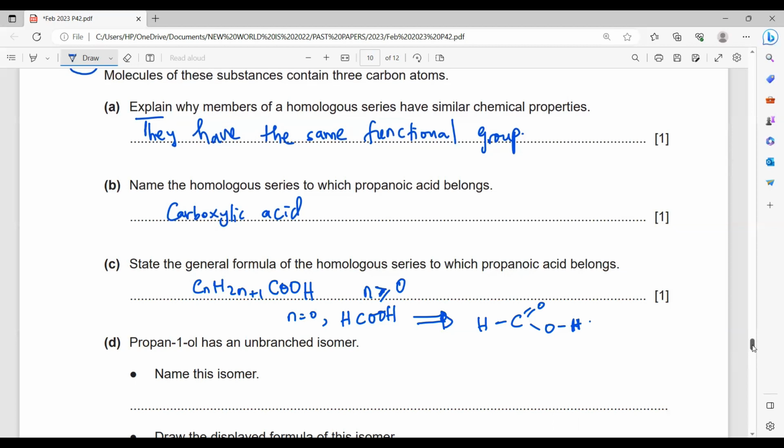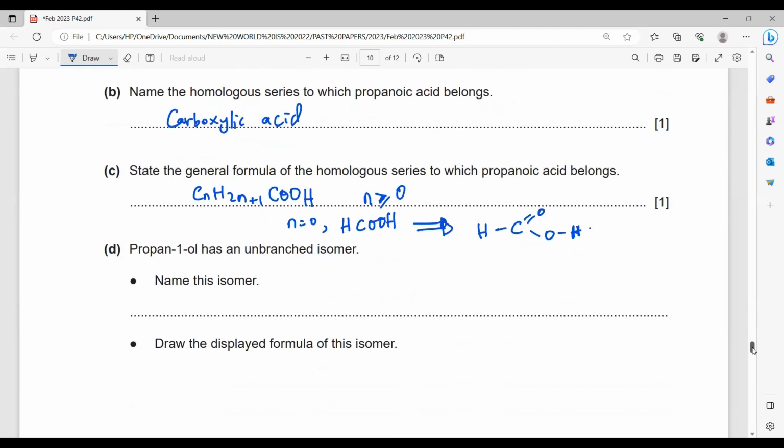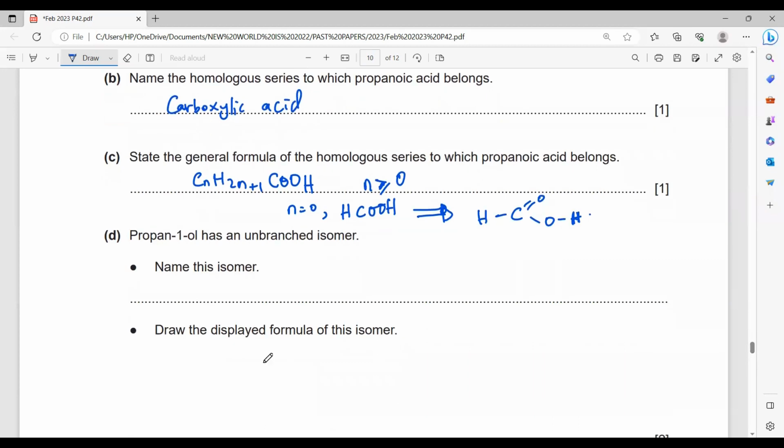Now let's continue. The next question says, name an isomer of propan-1-ol. The first question is, what are isomers?